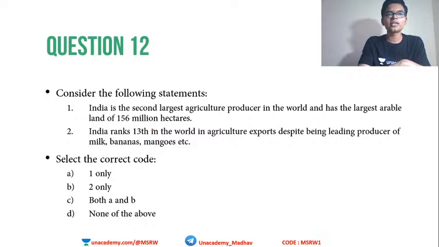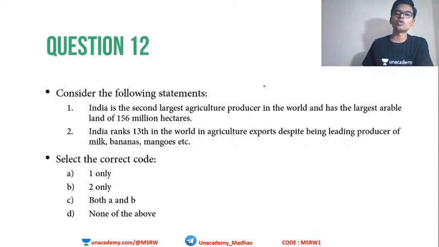Chances of two statements being correct are more compared to being wrong. So whenever it comes to 50-50, go for the more correct option. Assume the statements are correct unless you are pretty sure it is wrong. That is how you tackle this.